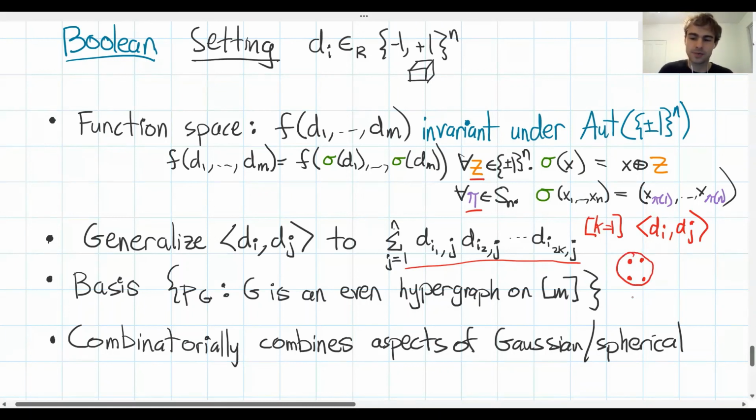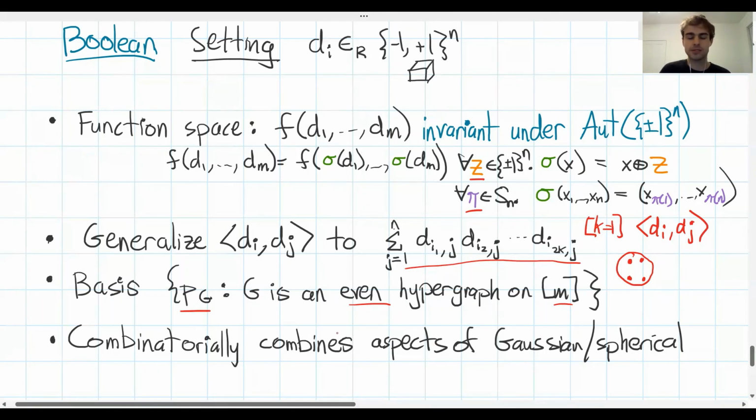So the result is that we construct a set of polynomials PG, where each G is now a hypergraph on 1 through n. In fact, it's an even hypergraph, meaning that all of the hyperedges have even size: 2, 4, 6, 8, whatever. When they're 2, they correspond to normal inner products. When they're higher than that, they correspond to these generalized inner products.